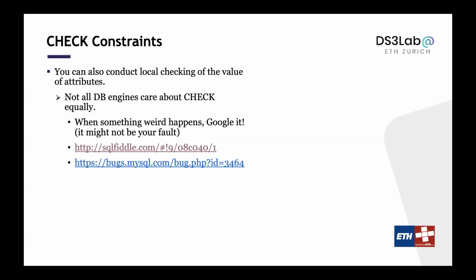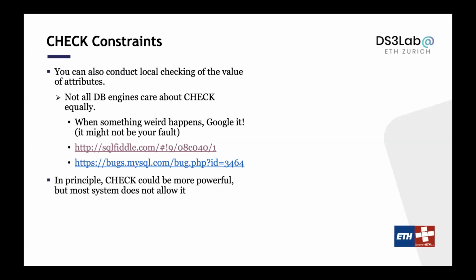So it is possible that if you are using MySQL and running some of the queries that we talk about in this lecture, you are going to get a different result. Not because you are doing something wrong, not because I am wrong, but simply because MySQL, at least in version 5.6, is going to ignore all the check constraints. Sometimes the behavior of a database is a little bit weird because not all databases actually implement the full SQL standard. Whenever there's something weird about integrity constraints, Google it. It may not be your fault, it may not be my fault. It might simply be an artifact of the system itself.